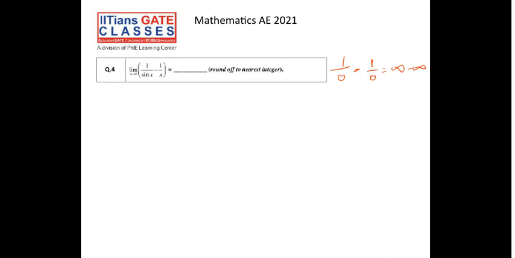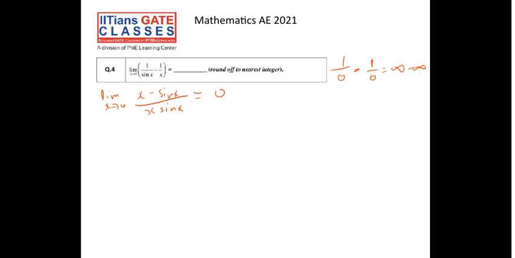This comes to infinity minus infinity form. So start by cross multiplying this, multiplying the terms. So we get limit as x tends to 0 of x minus sin x all divided by x sin x.